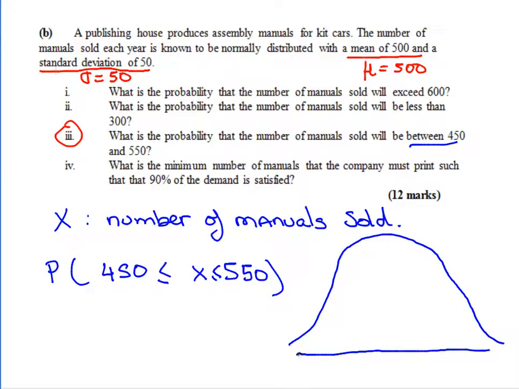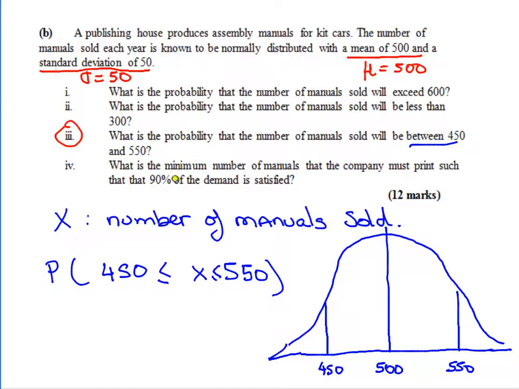So this is the bell curve here, and the mean here is 500, and what we're interested in is the probability of being between 450 and 550. So let's say this is 450 here and 550 here. Now my sketching isn't great, but I think you get the idea.